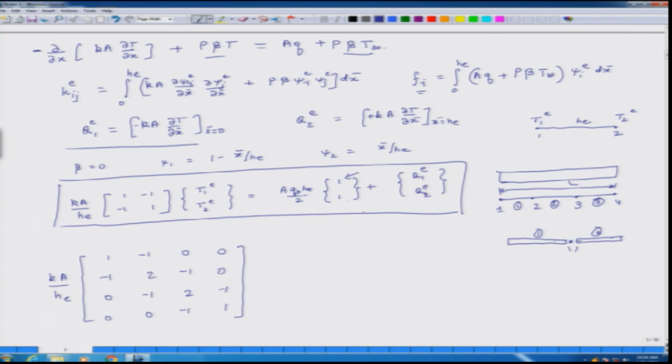So, this is my global stiffness matrix, a global K matrix, that multiplied by T1, T2, and so on, these are my global degrees of freedom which are not known, and this equals a vector attributable to distributed heat load.